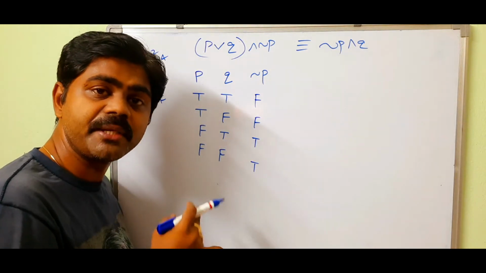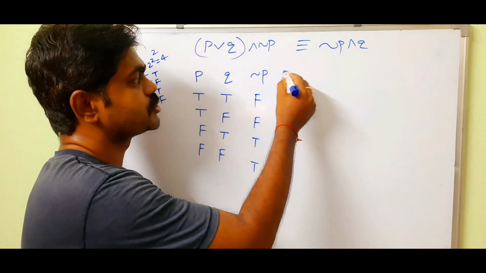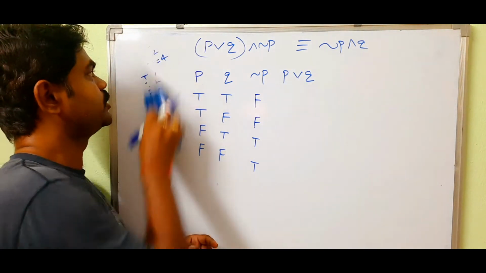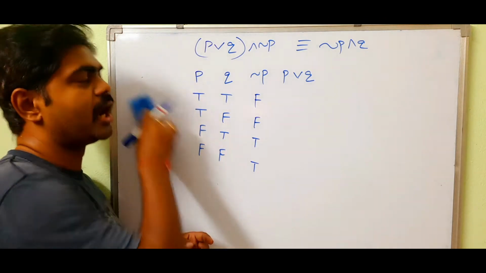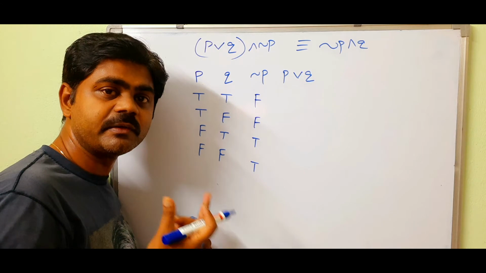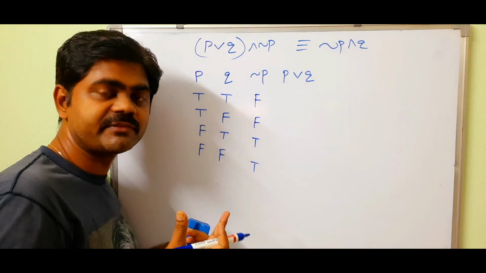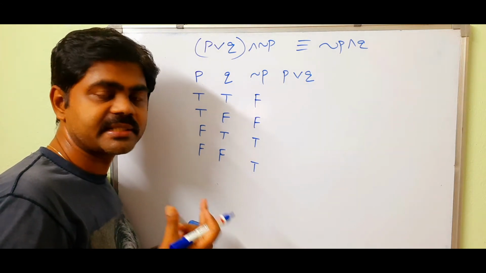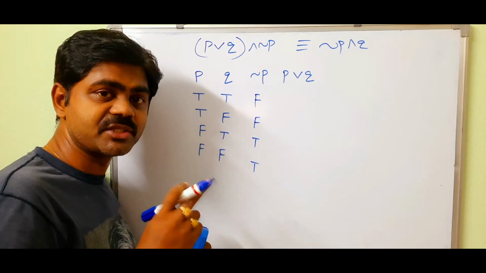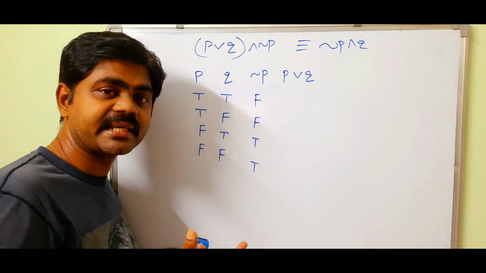Now we shall write P or Q. What is the truth table for P or Q? If any one proposition is true, it will be true. If both are false, it will be false. So that is OR, right? What about AND? Both should be true, then it is true, or else in any other case it will be false.